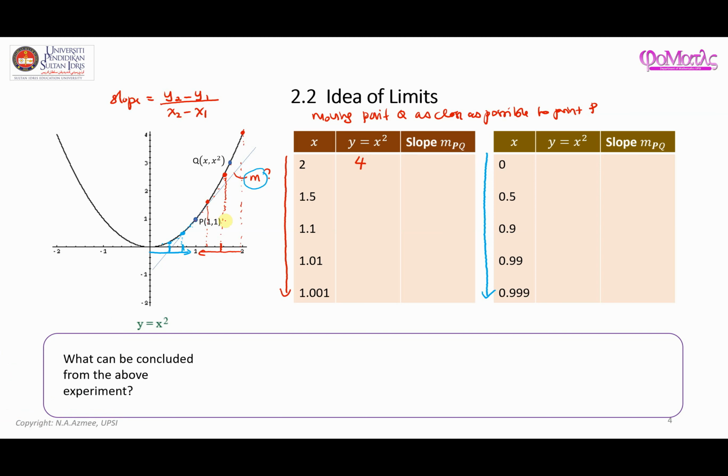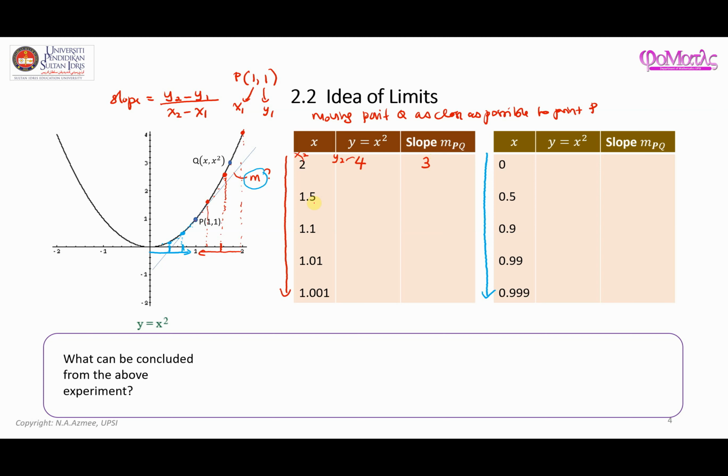Now you can set this point here P as x1 and y1, and this one is the value of x2 and this one is the value for y2. Using these values, you can plug into this formula and you will get that the slope for this one is going to be equal to 3.